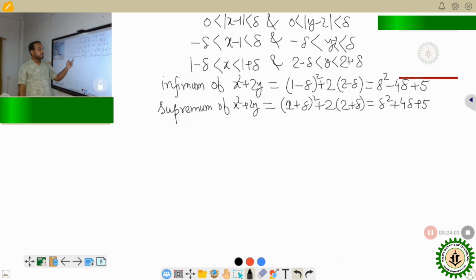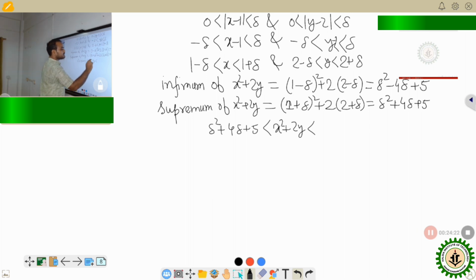So you get the infimum and supremum values. Combining these two in terms of inequality, you can write delta square minus 4 delta plus 5 is less than x square plus 2y, which is always less than delta square plus 4 delta plus 5.